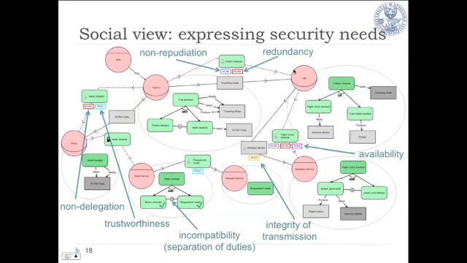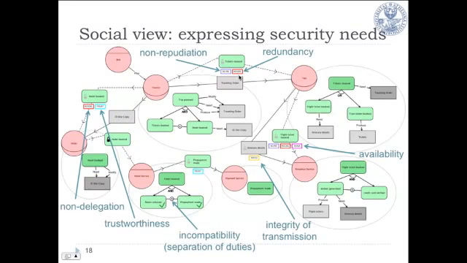It is also requiring the travel agency service to satisfy a no-delegation security need and the redundancy security need. On the other hand, TAS, when delegating flight ticket booked to Amadeus Flight Service, is specifying non-repudiation, no delegation, which is also shown by the dashed arrow line, as well as a minimum availability level.